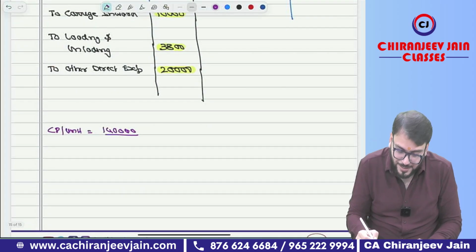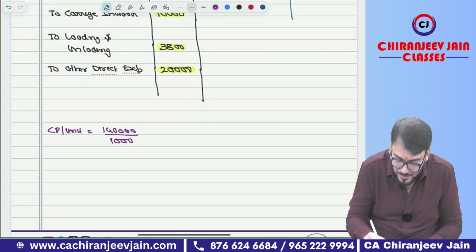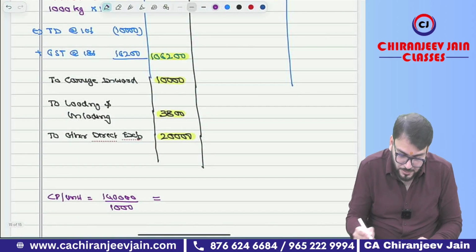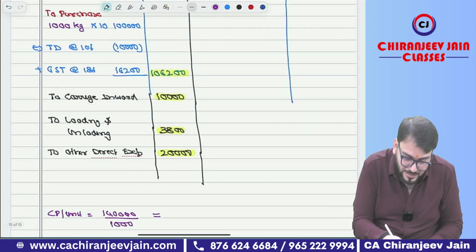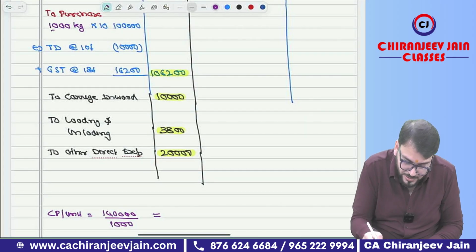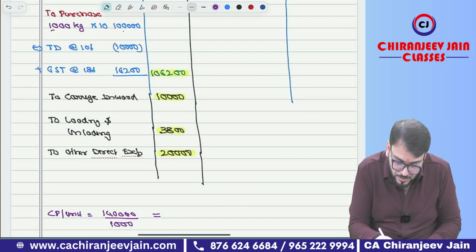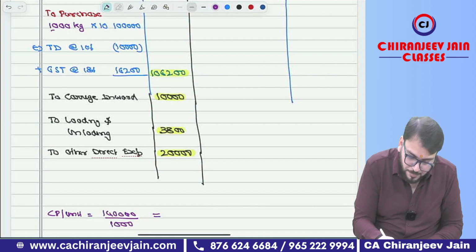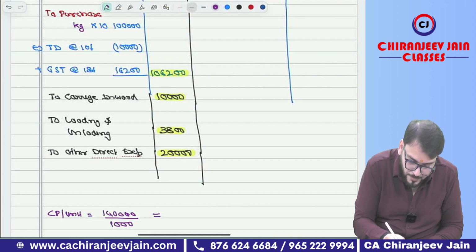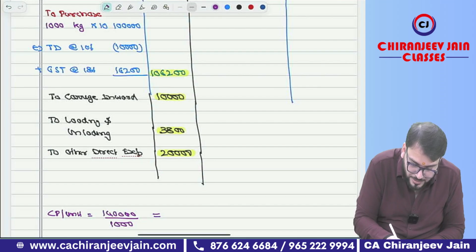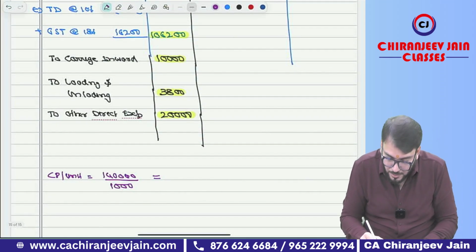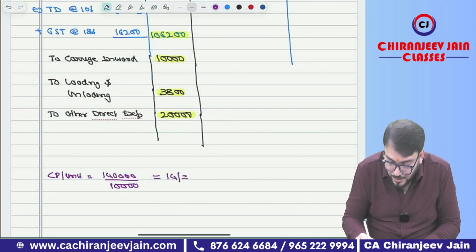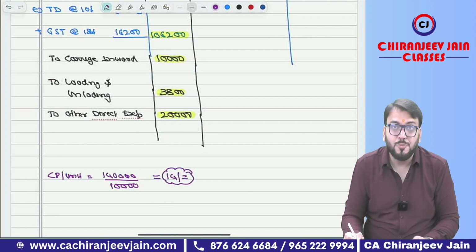Divide by 10,000 kg. So it will become how much? 14 rupees per kg.